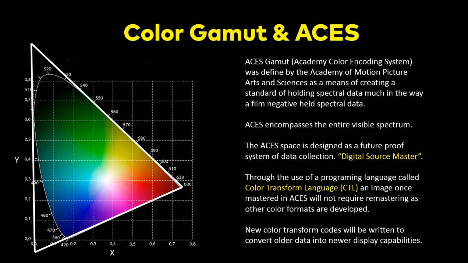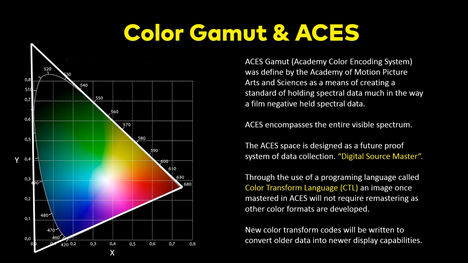So this is considered your digital source master. When you're shooting your movie, you're bringing it in through ACES. You're using a color transform language supplied by the manufacturer that says this raw data coming in is going to be processed in X fashion. And you do your post flow. Now you have basically a map that's laid out within this space.